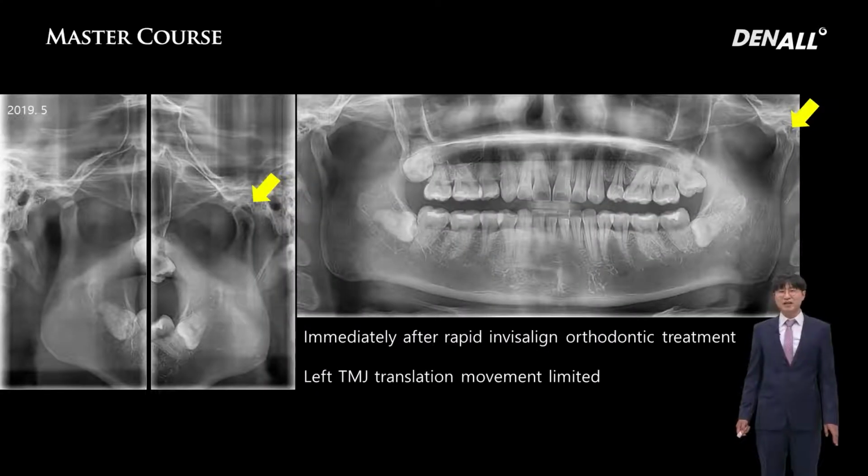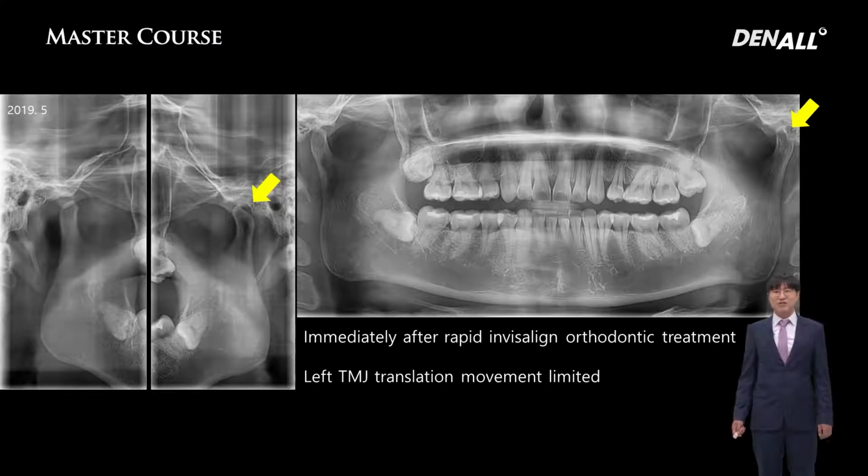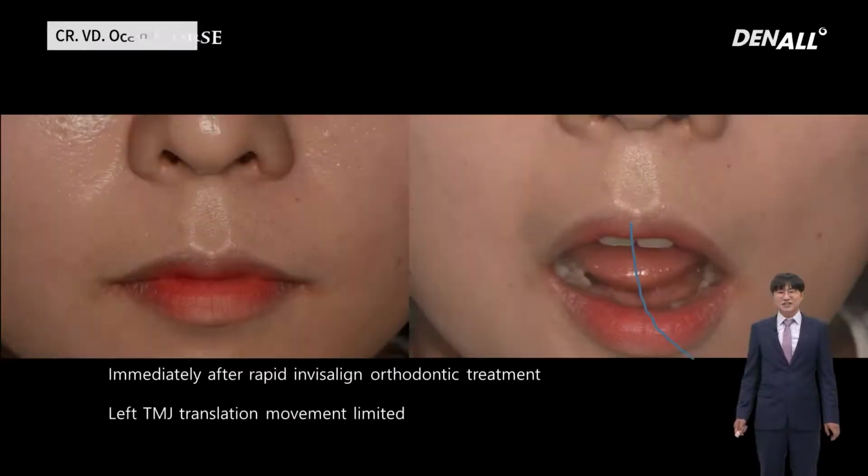The patient said immediately after rapid Invisalign orthodontic treatment, which was started 3 months before, left TMJ translation movement limitation occurred. Of course, the patient didn't use the expression translation movement. If you look at the patient carefully, you can notice the left deviation when mouth is opened.